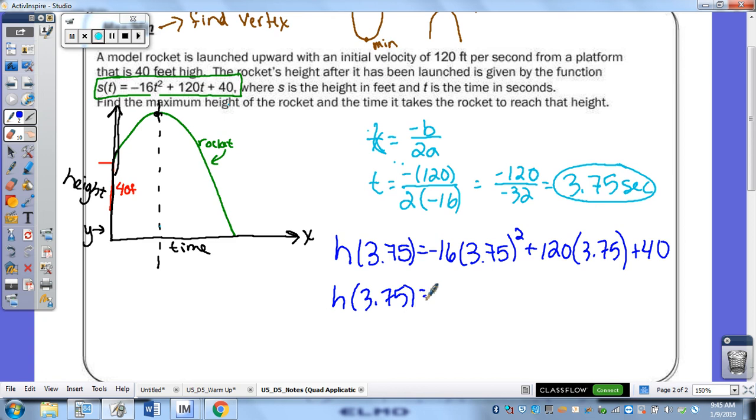So go ahead, type that all into your calculator just like that, using parentheses and everything. Negative 16 parentheses 3.75 squared plus the 120 times 3.75 plus 40.